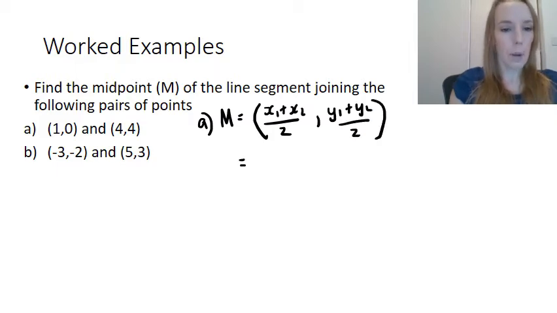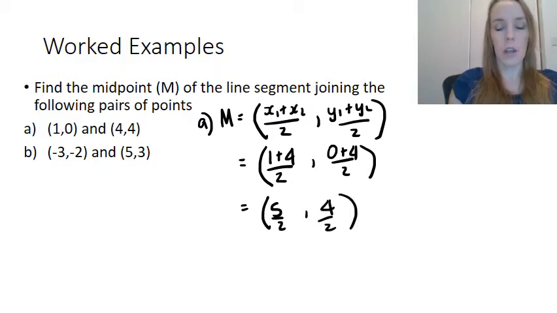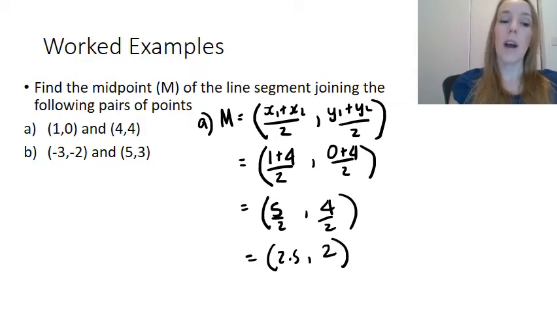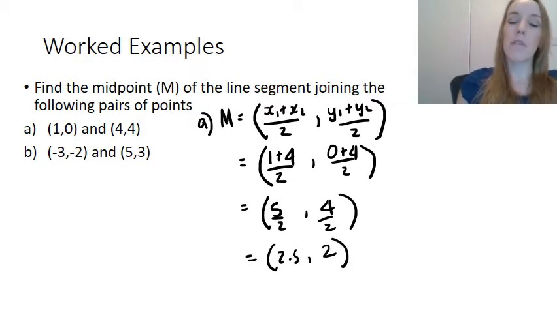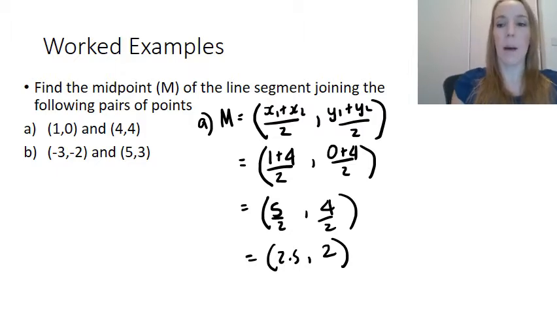So we're going to have (1 plus 4 divided by 2) in brackets, and then 0 plus 4 divided by 2. So 5 over 2 and 4 over 2. So 5 divided by 2 is 2.5, 4 divided by 2 is 2. So for A, our midpoint would be (2.5, 2). That's where we would find our midpoint for our first set of coordinates.